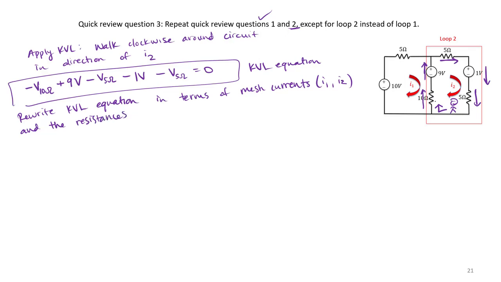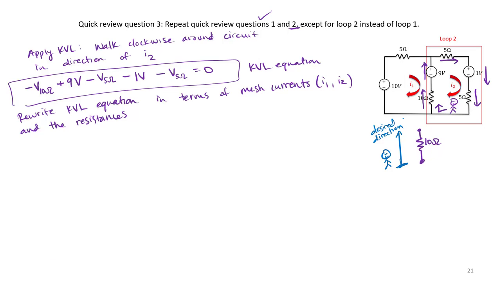So first we have the voltage across our 10 ohm resistor. Notice once again for that 10 ohm resistor, this time I am trying to walk from bottom to top. Right? I'm trying to walk starting at the bottom, heading upward.